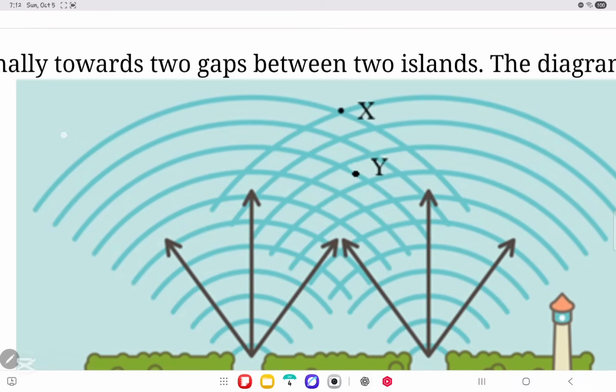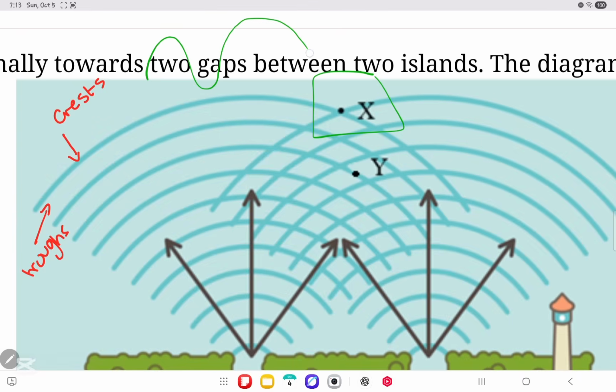Very simply, we know that the dark blue areas are crests and the light blue areas are troughs. So at point x, a crest and a crest meet. You have this wave here and then this wave here, both of the same amplitude, 25.